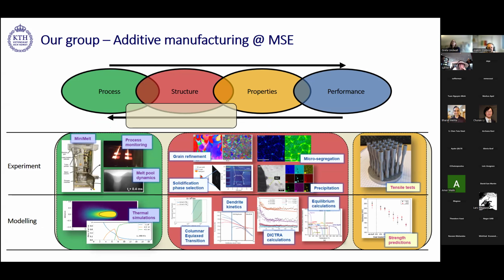So we combine experimental work with computational modeling to understand how the microstructure evolves, both during printing as well as during post-processing of additively manufactured materials. While we do a lot of experimental work, most often the main motivation is to generate the data or the information that we need to develop or validate the computational tools.